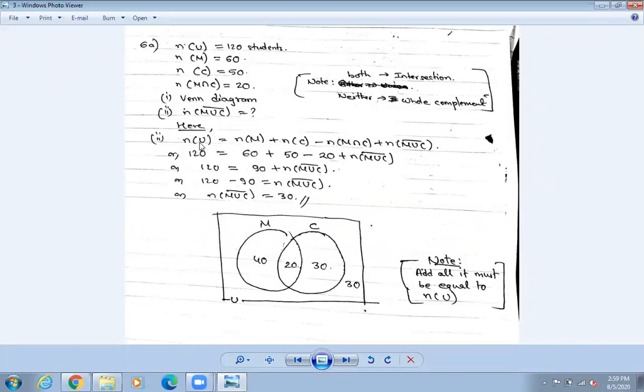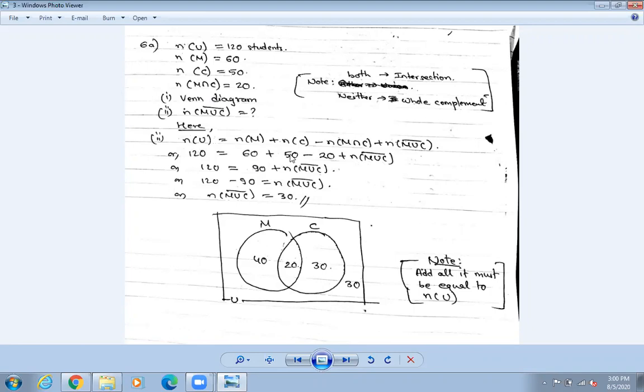Then put the value. NU is 120. NM is 60. NC is 50. And intersection is 20. And the whole complement, that you need to find out. Let us add this and this one and subtract this.